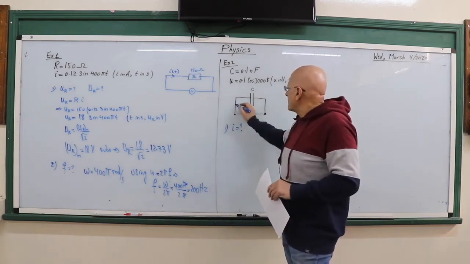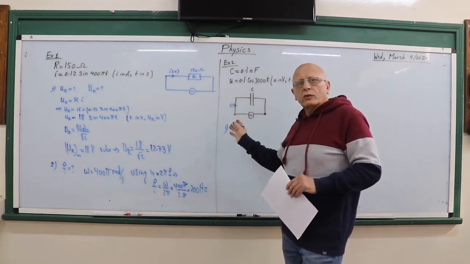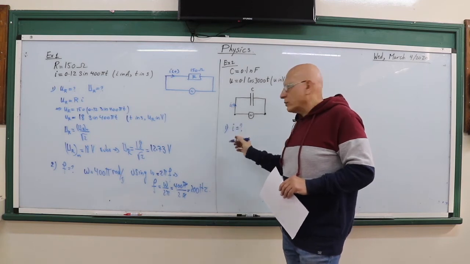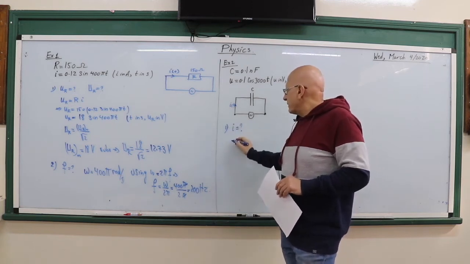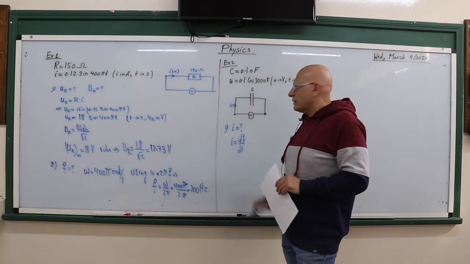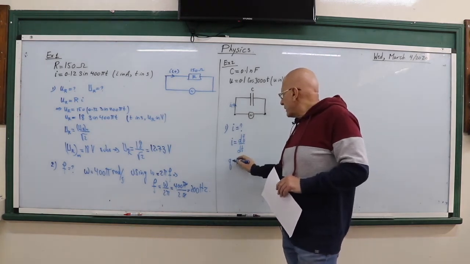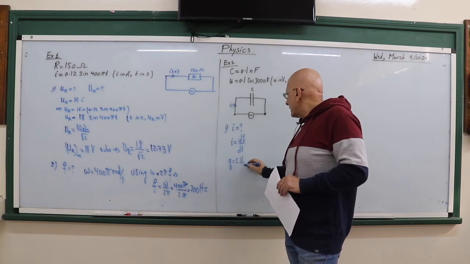This is the positive current I. Since this is a variable AC current, I can write I equal dQ over dt. And you know here that Q equal C UC.